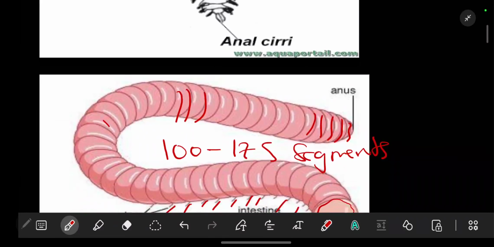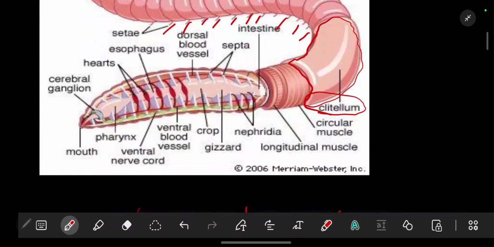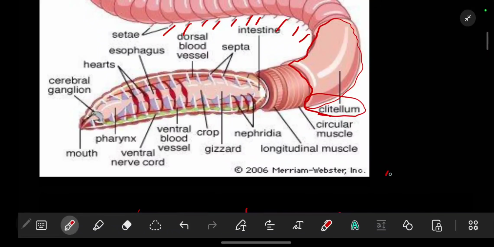Mostly earthworms feed by swallowing the soil. When they swallow the soil, they are able to digest the organic matter contained in the soil. The organic matter might be some leaves, and we have a lot of things. So they swallow the soil and digest the organic matter from there.